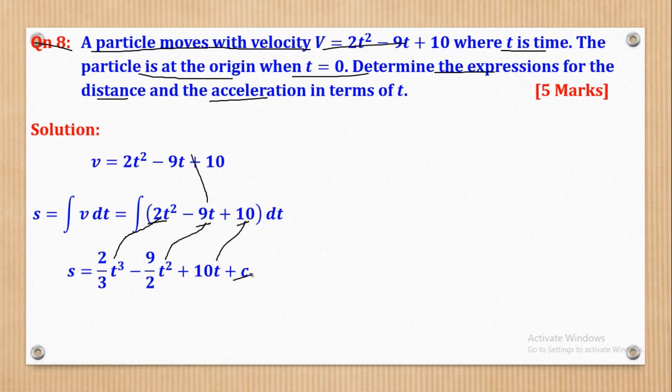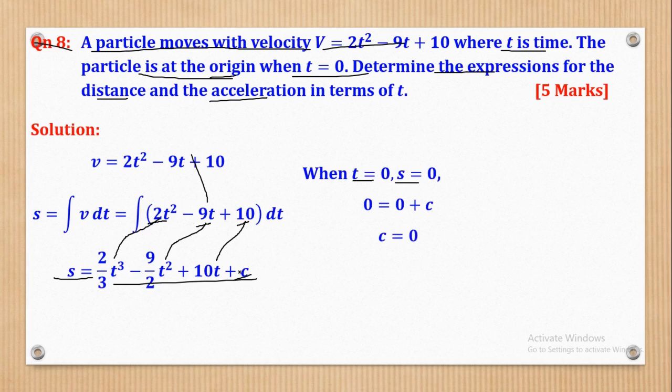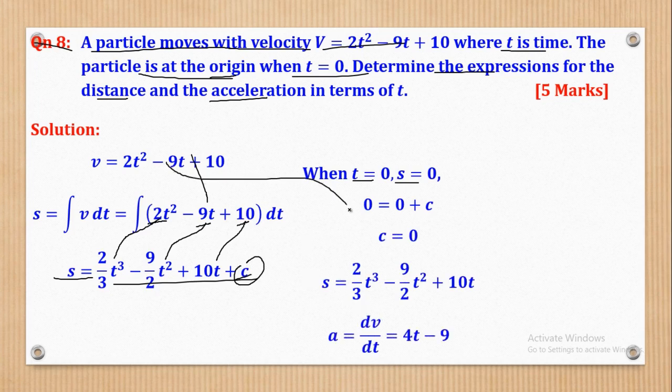But remember to add the constant of integration. The next, remember that when t is 0, the particle is at the origin, meaning s is also 0. So when I substitute for s and for t, I'll come up with 0 equal to 0 plus c, therefore c is 0. So when I substitute for c here, s will be equal to that. Then for acceleration, you have to remember that acceleration is got by differentiating velocity.